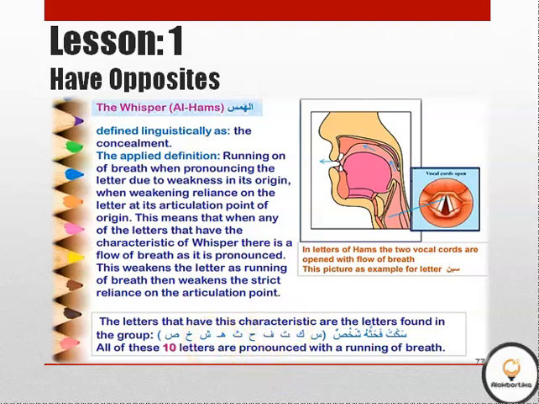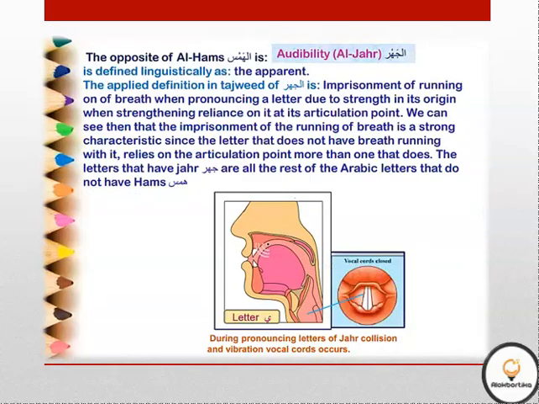And then its opposite is al-jahr, audibility. It is defined linguistically as the apparent, and the applied definition is the imprisonment of the running of breath when pronouncing a letter due to the strength in its origin, strengthening the reliance on it at its articulation point. It is completely opposite to al-hams.